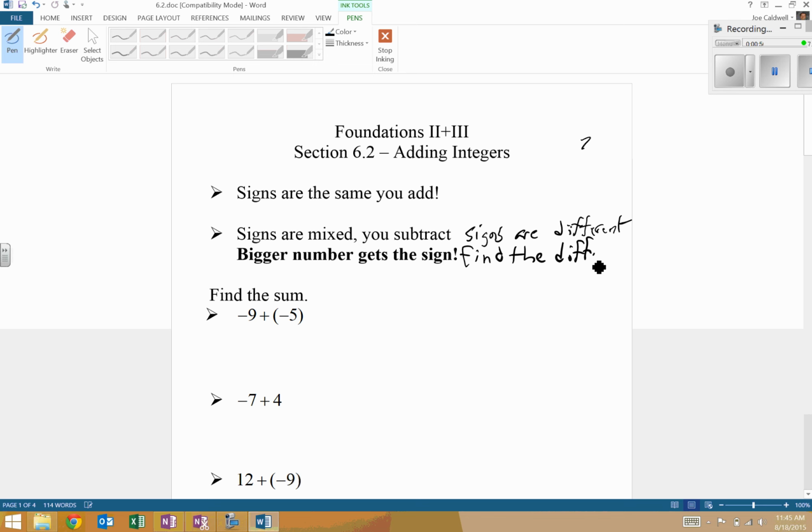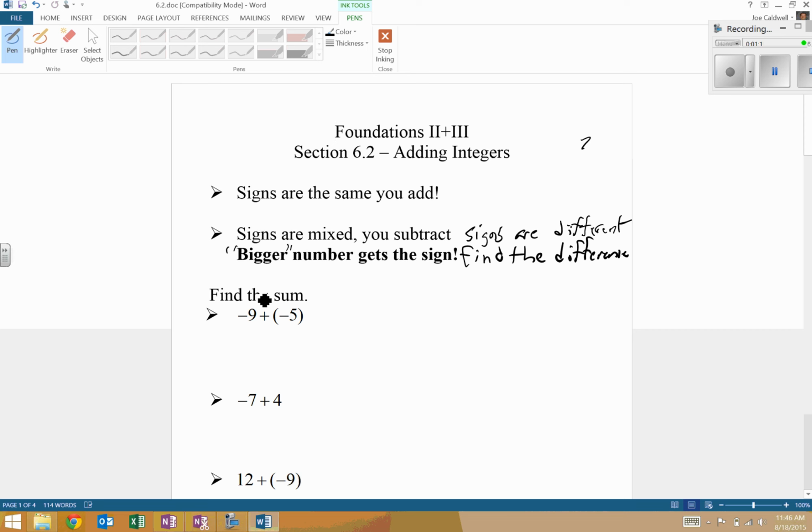Sorry for my messy handwriting. And we'll put that into action here down below. And then the bigger number, and I'm going to put that in quotes, whatever number just looks bigger, don't worry about the negative, that determines what the sign of your answer is. So let's put that into practice here.